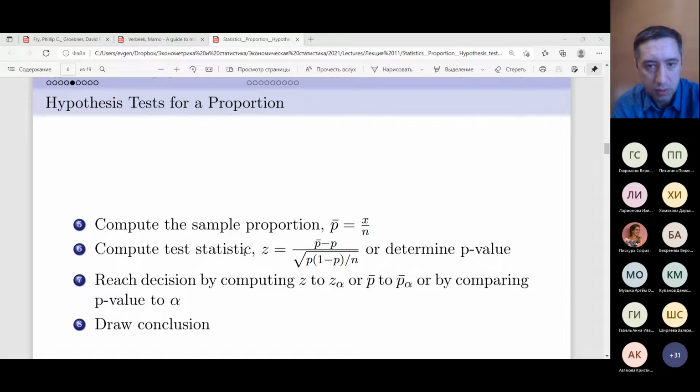Once you calculate that value, you should compare it with the critical z value, or you can find the p-value. The rest of this exercise is the same as we did with that test. If the statistic is greater than the critical value, you have to reject the null hypothesis. Otherwise, you don't reject it.